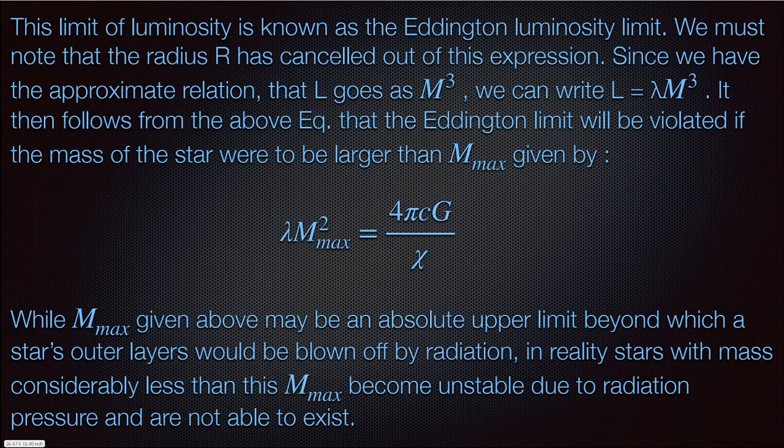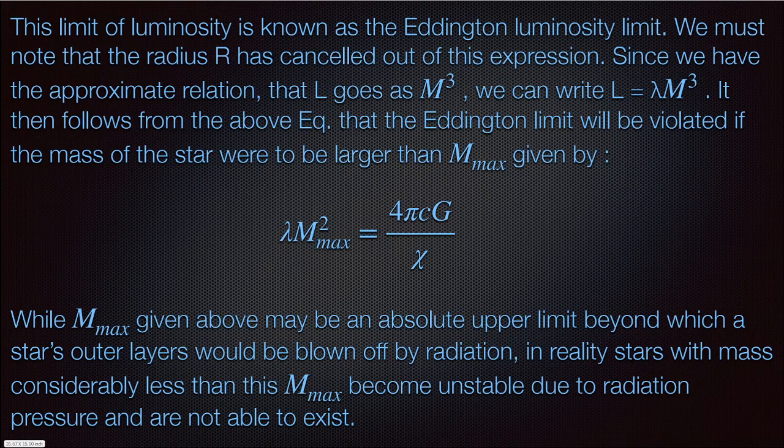So while m max given above may be an absolute upper limit beyond which a star's outer layer would be blown off by radiation, in reality stars with mass considerably less than m max become unstable due to radiation and are not able to exist. So now what happens is if we have masses more than this m max, we know it is directly proportional to luminosity, so luminosity will also increase.